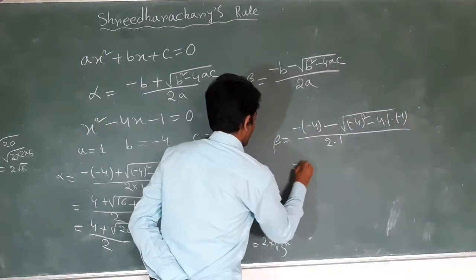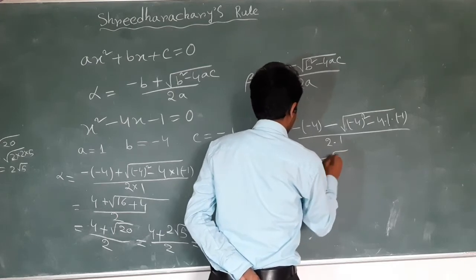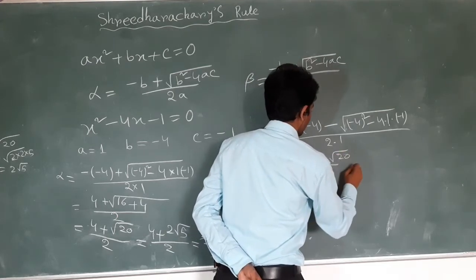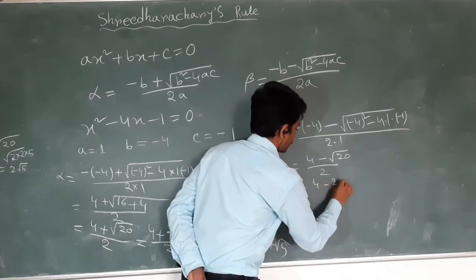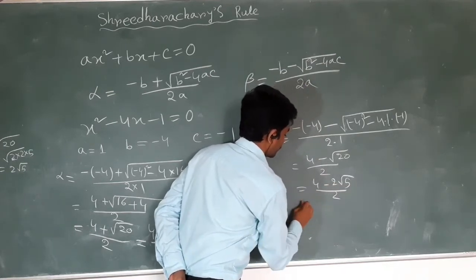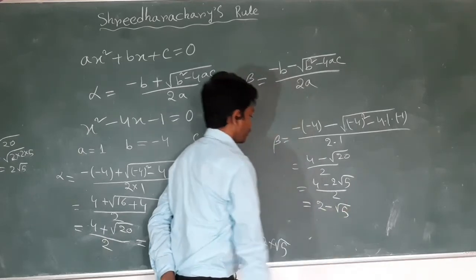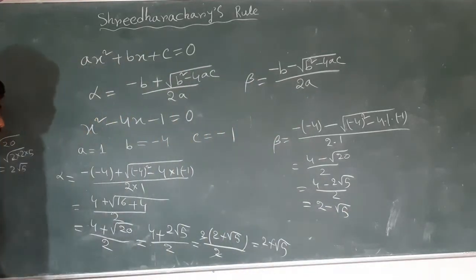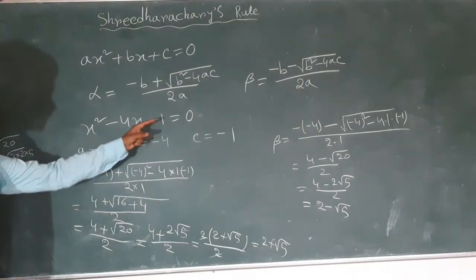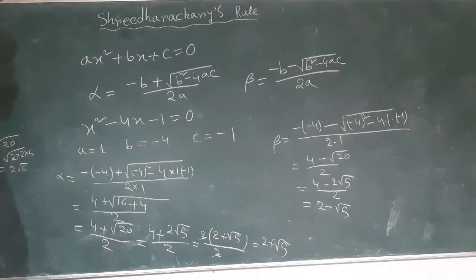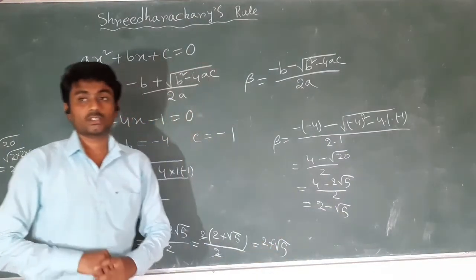So 4 minus under root 20 upon 2 is equal to 4 minus 2 root 5 upon 2, which is equal to 2 minus root 5. So the roots of the equation x square minus 4x minus 1 is equal to 0 are 2 plus root 5 and 2 minus root 5.